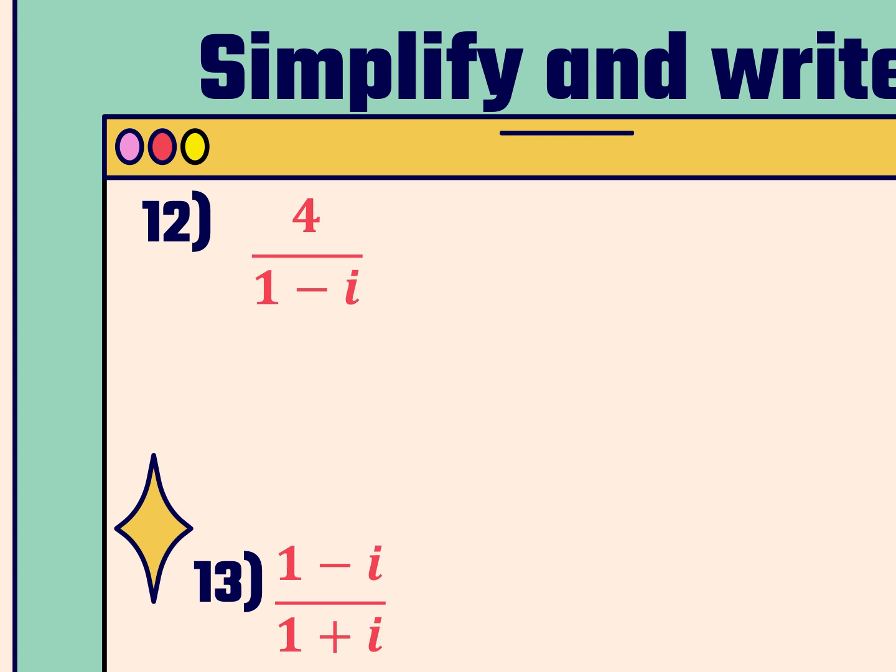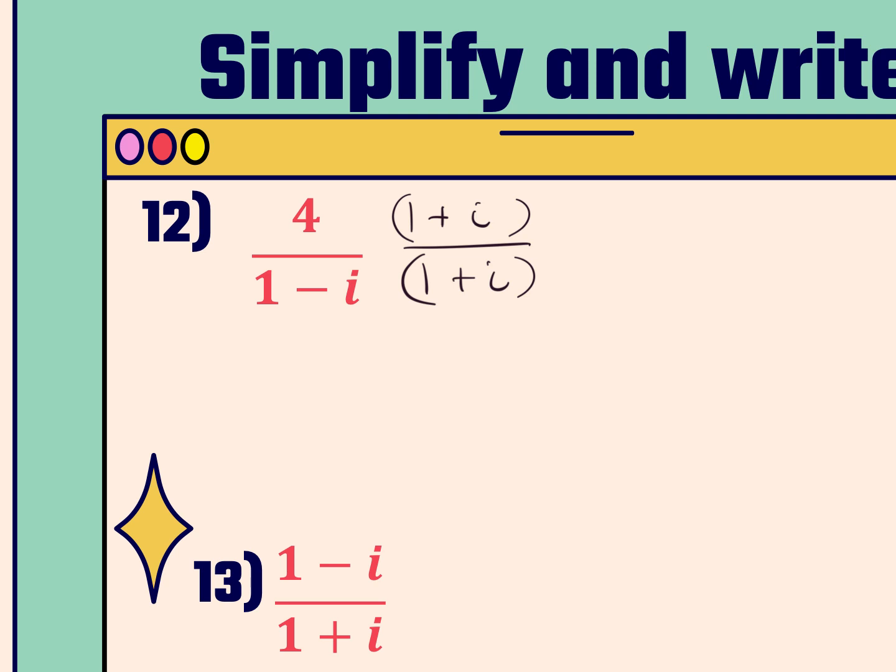So here, I want to rationalize this. I need to make that I disappear. And remember, whatever you multiply to the denominator, you also have to multiply to the numerator, just like before with the square roots. So I'm going to be multiplying the numerator and the denominator by the complex conjugate.